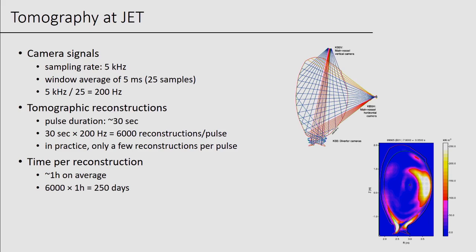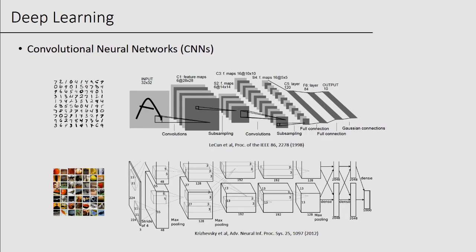Okay. So this is where we turn to deep learning. Now, a quick slide about deep learning. Most of you have probably seen this in many places. I'll just recap the main goal here and why it could be interesting for us.